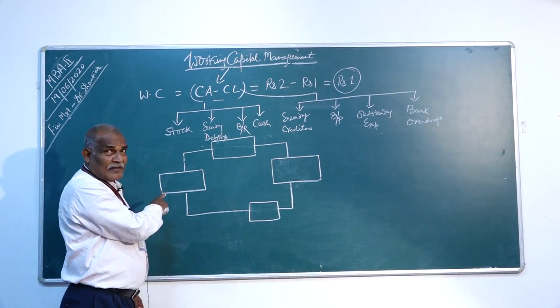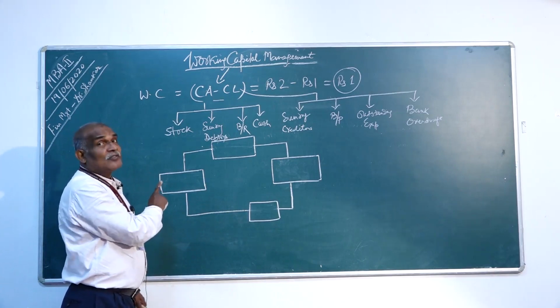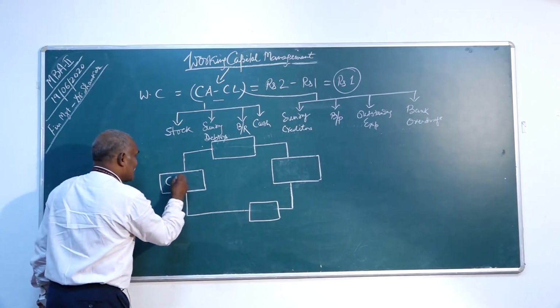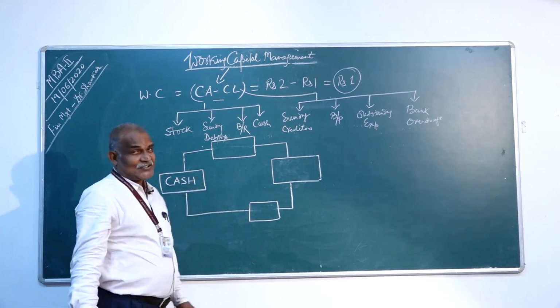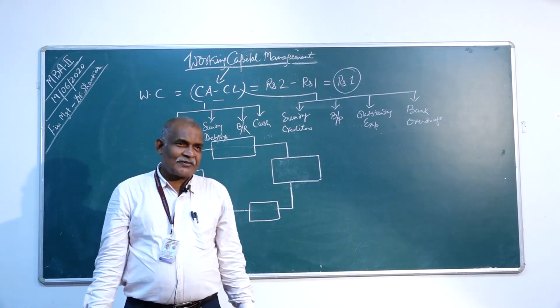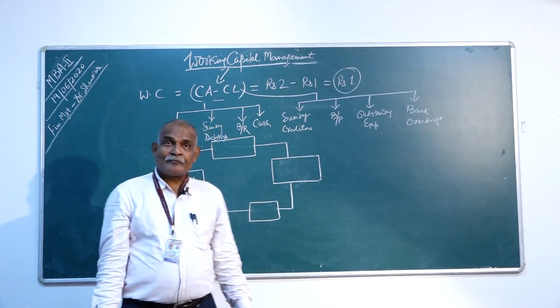For any organization, cash is a must. Without cash, you cannot run the organization. Suppose you want to start the business, you need cash. Why do you need cash? Because we have to purchase the raw materials.